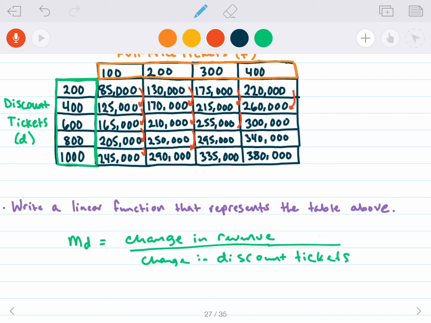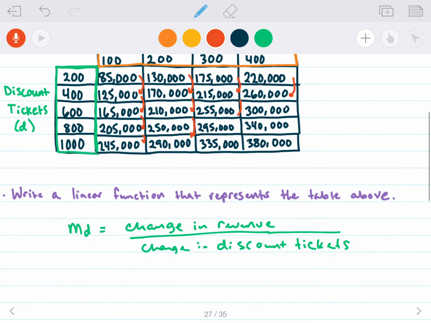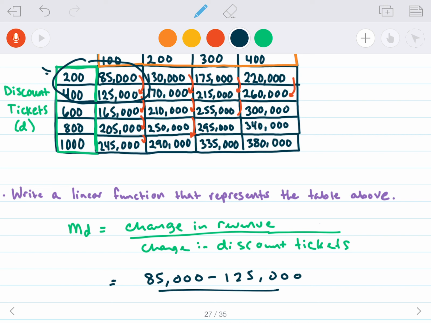So, for the change in revenue, we can just look at these first two points right here. We can say the change in revenue, we have 85,000 minus 125,000, and then the corresponding discount numbers that go with that are right here, over 200 minus 400.